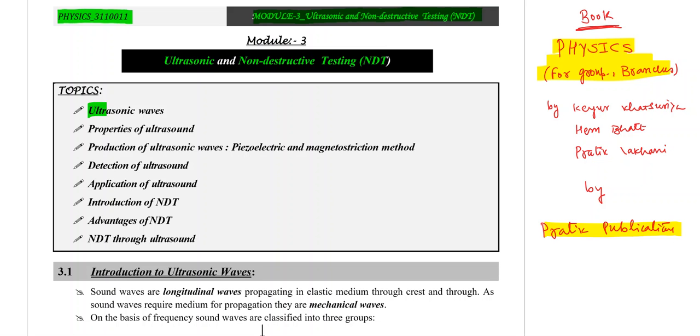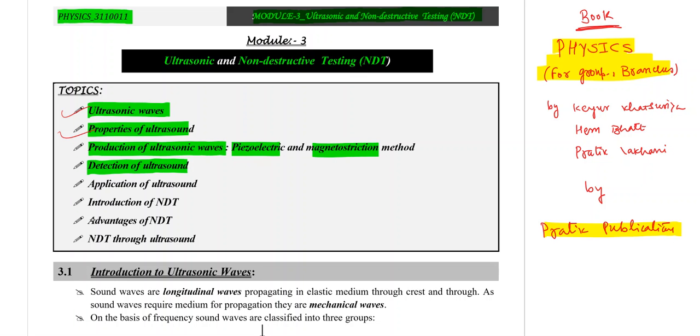See, ultrasonic waves, properties, production of ultrasonic waves, in which we have to discuss two generators, piezoelectric and magnetostriction. So today we discuss the ultrasonic waves and its properties. Then after, detection of ultrasound and application of ultrasound.